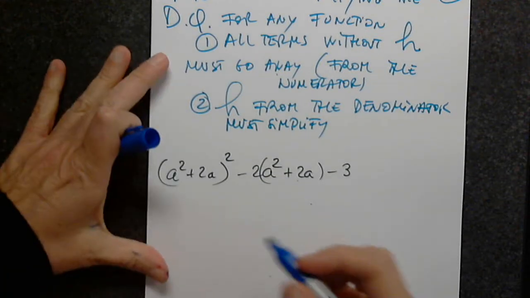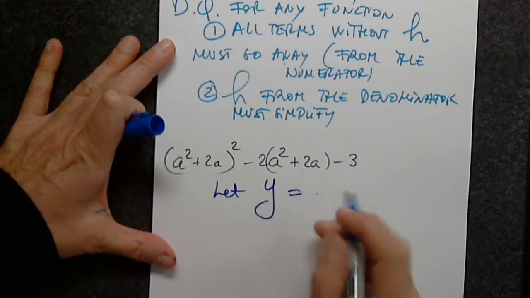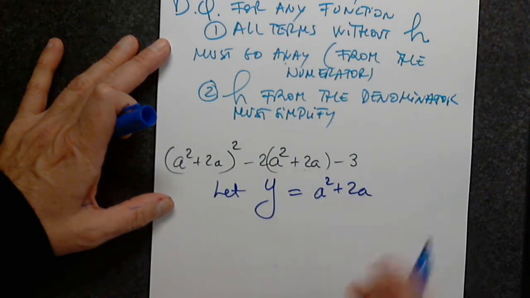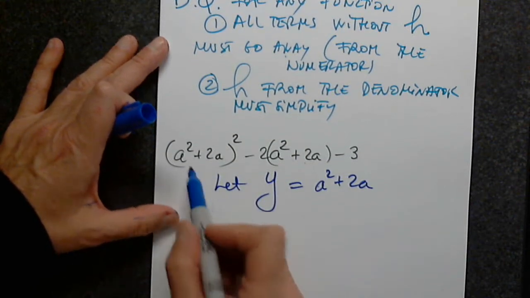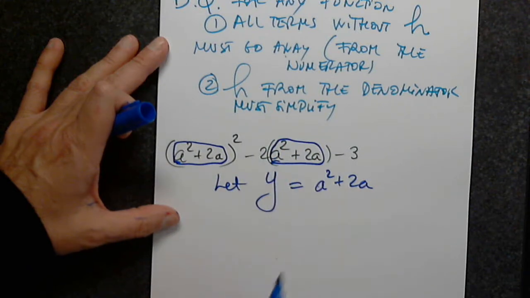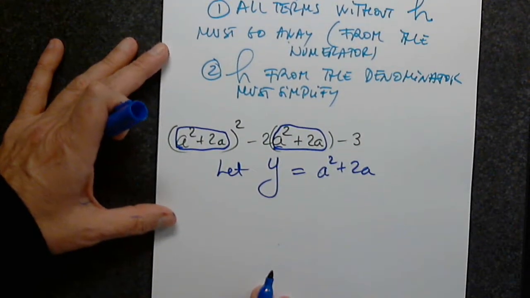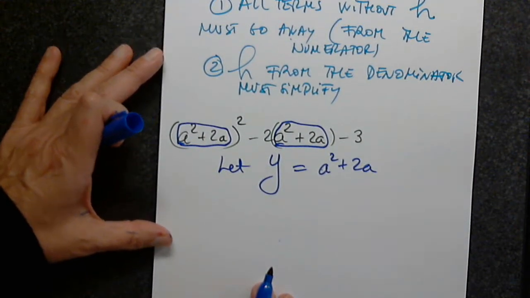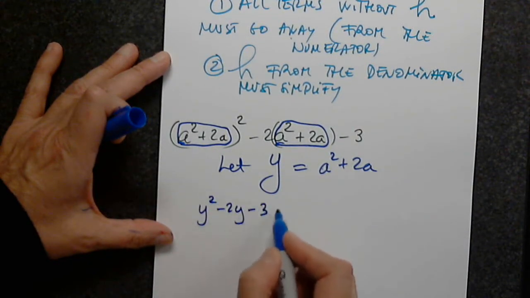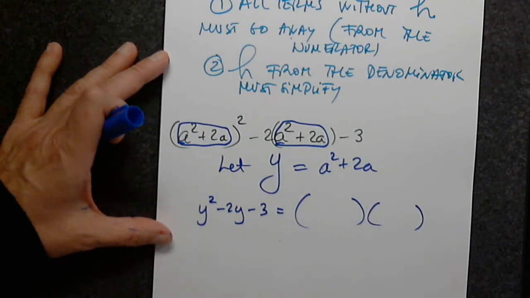I would say, let y, or any other letter but a, be a squared plus 2a, because I see it here, and I see it here. You can say you're changing the problem. No, I'm changing the notation or the outlook. So this is y squared minus 2y minus 3, which I have no difficulties factoring.